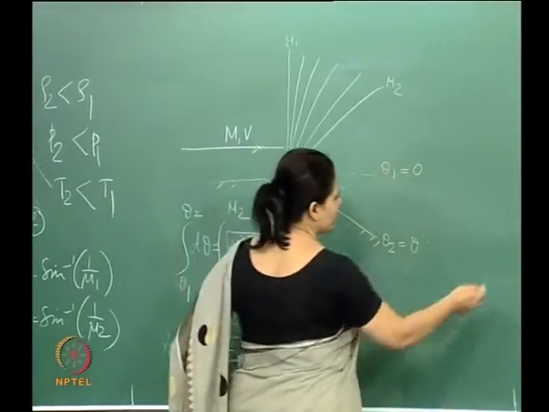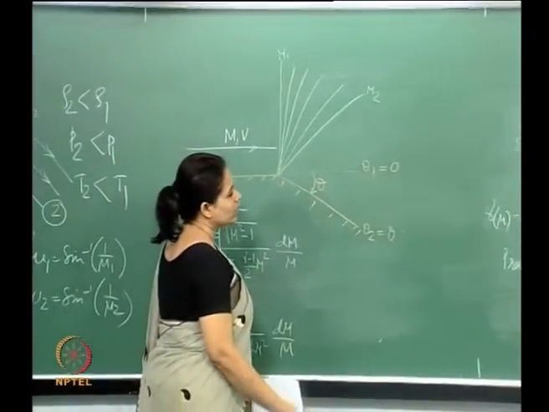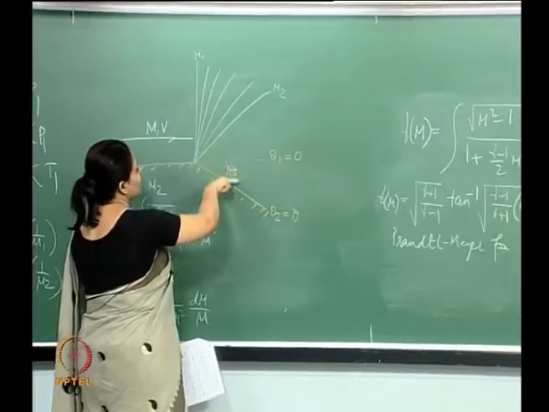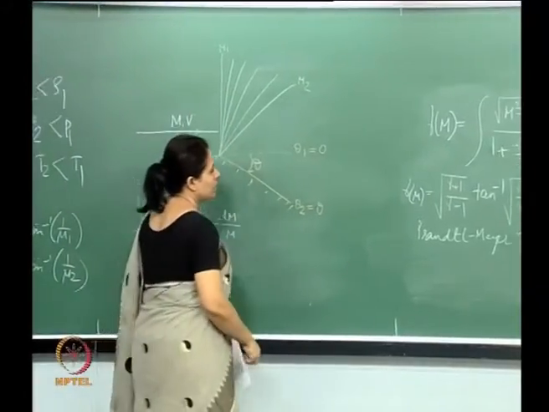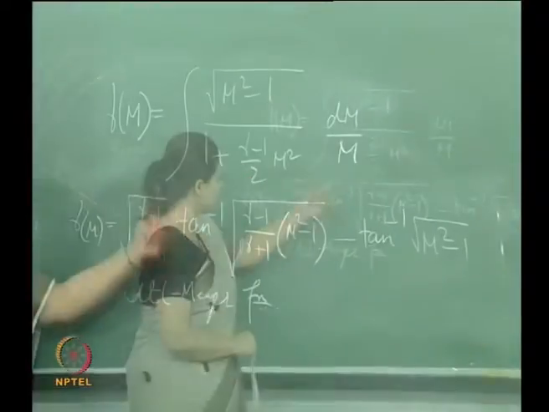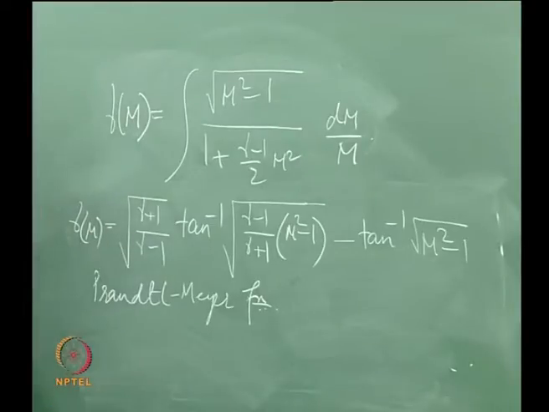And this Prandtl-Meyer function is defined for every small incremental change in theta and the Mach number.